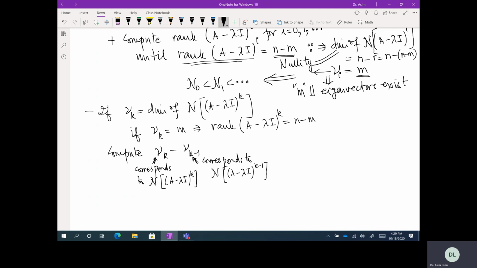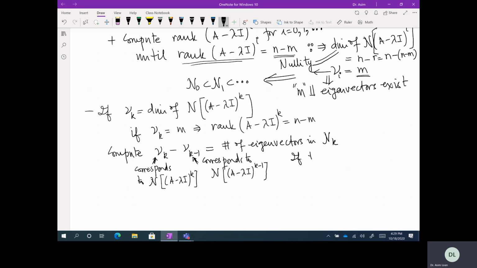So you see how many vectors there are. So this difference is the number of eigenvectors in the null space of (A minus lambda I)^k. So this number is k.